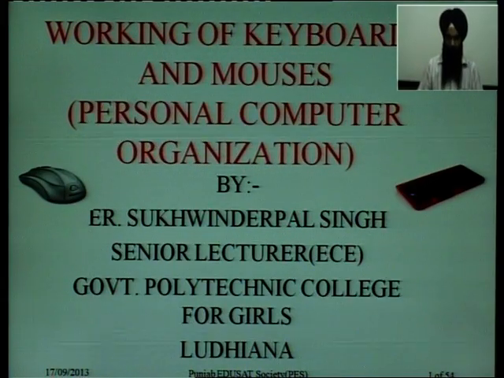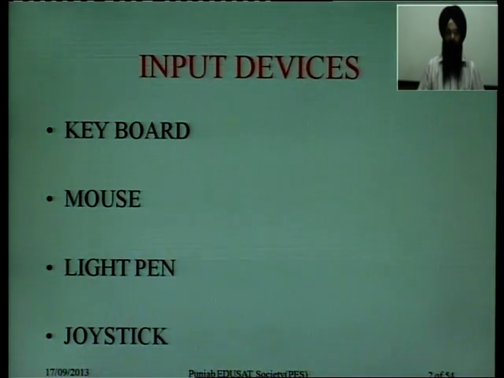So these are two main input devices of any computer system, which are nowadays basically the basic part of the computer system. There are several other input devices also, other than keyboard and mouse.